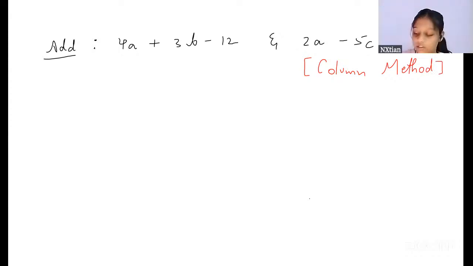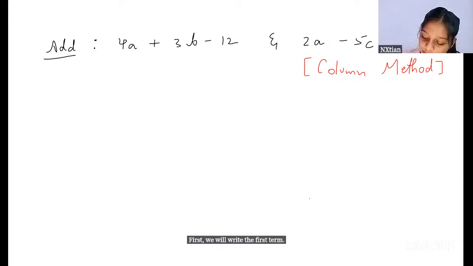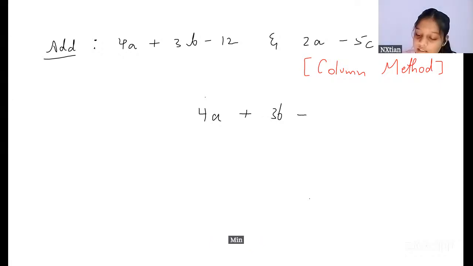So first we will write the first expression, that is 4a plus 3b minus 12c, written as it is.